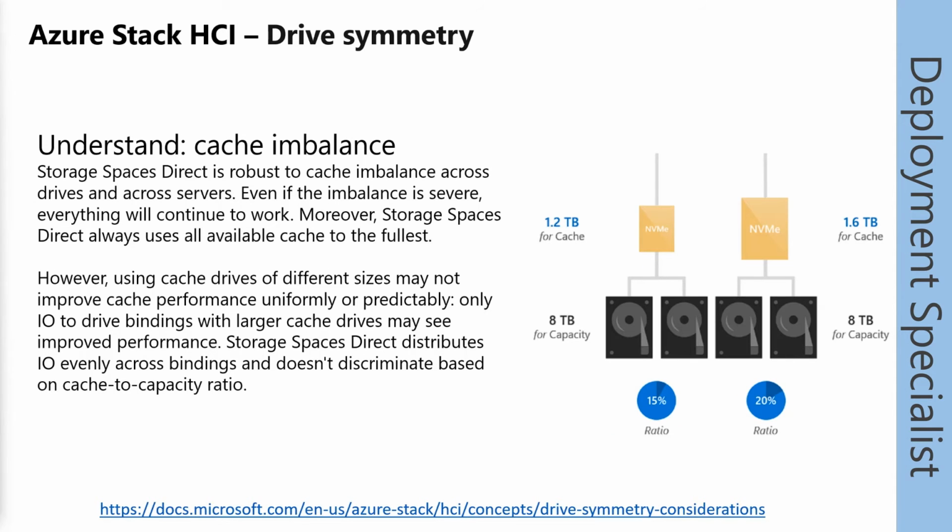If we use cache drives with different capacity, maybe because the cache drive on the right-hand side was replaced and the initial model was not available any longer, then we have to know that the ratio of the cache changes, and the ratio is very important.